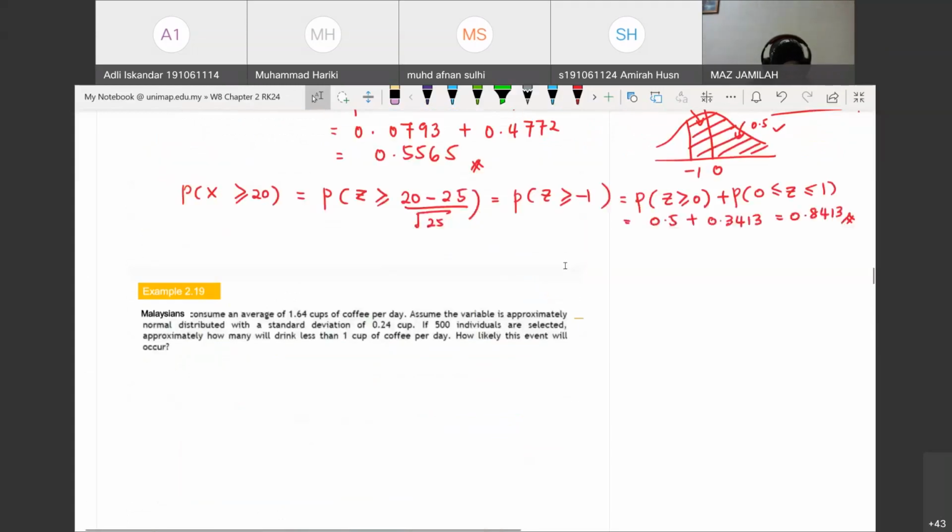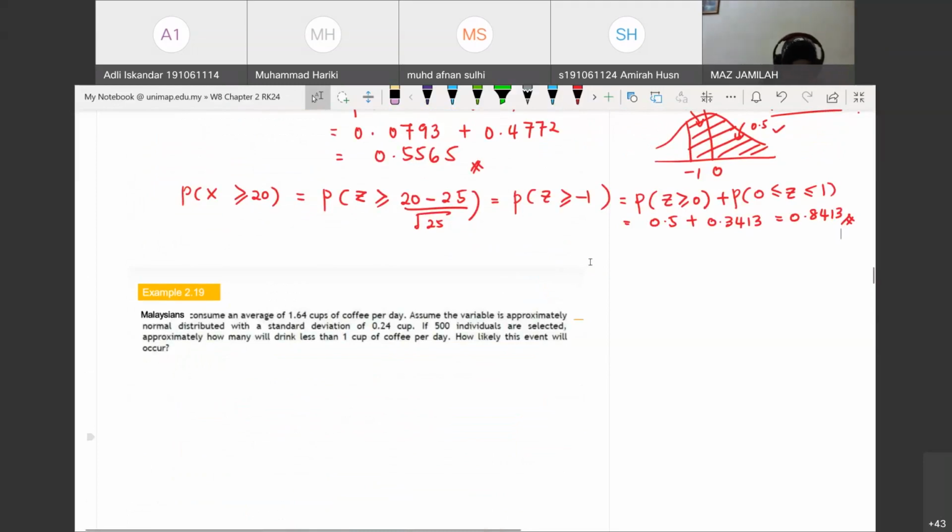we are going to do a few fundamental things before we can answer. So in this case, x will be what? Okay, x, the number of cups of coffee. And x is distributed following a normal with the mean of 1.64 and standard deviation.